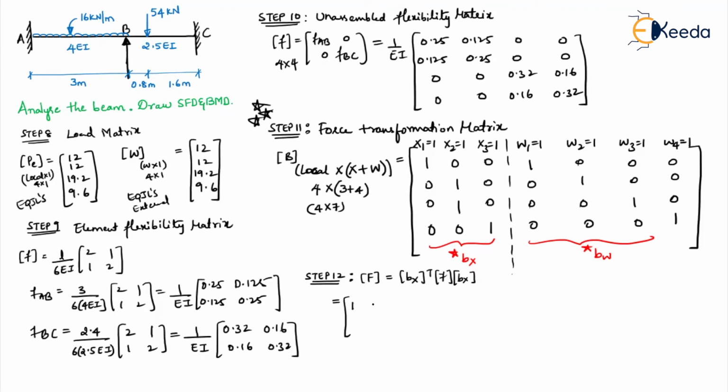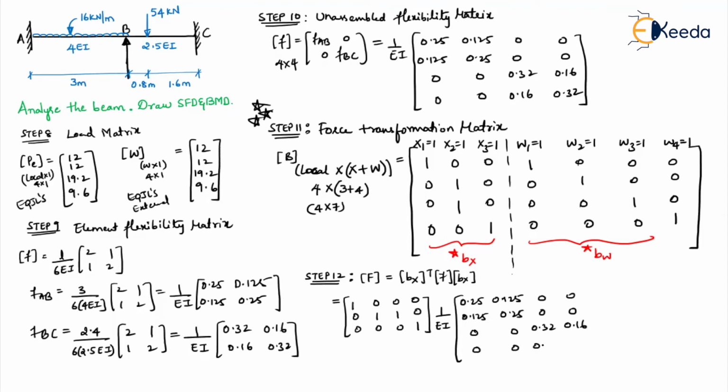Bx transpose, 1 0 0 0, 0 1 1 0, 0 0 0 1, into your F unassembled matrix, 1 by EI into 0.25 0.125 0 0, 0.125 0.25 0 0, 0 0 0.32 0.16, 0 0 0.16 and 0.32, into your Bx. Bx is 1 0 0 0, 0 1 1 0, 0 0 0 1.